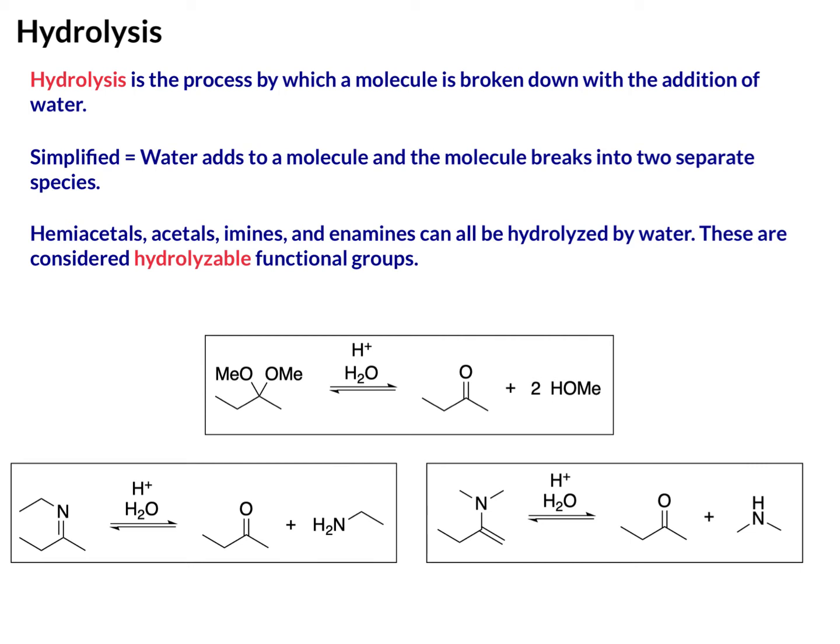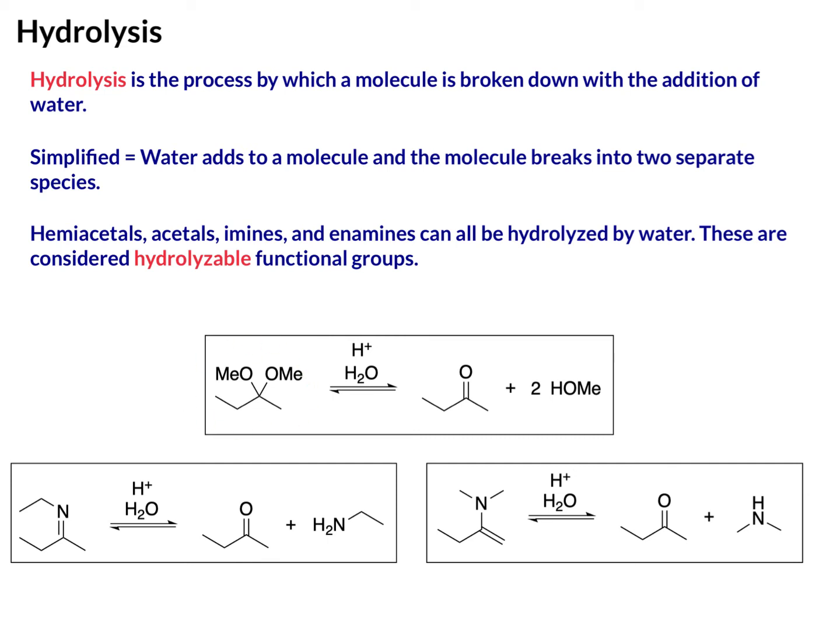So let's look at this first reaction that's boxed right here. In this case, let's think about it in reverse first. If you were to take this ketone and react it with methanol in the presence of acid, you would lose water, and this acetal would be the product.